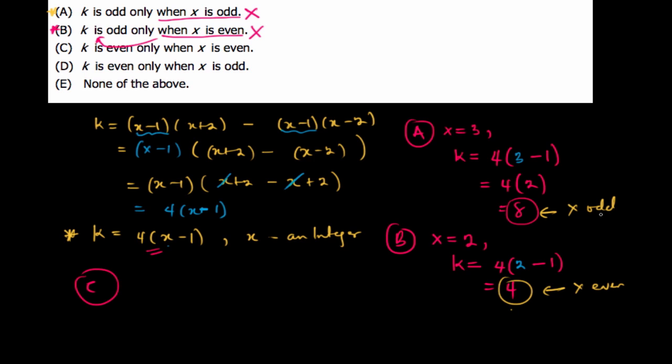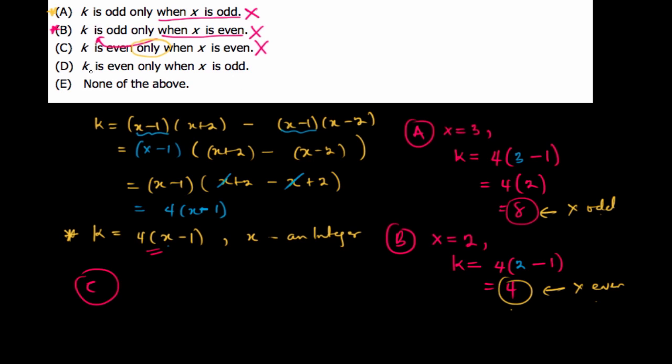So when x is both even and odd, we obtain even k. But here it says k is even only when x is even. This is false. Why? Because k is even not only when x is even, but also when x is odd. So there shouldn't be an 'only' here. So this statement is false.